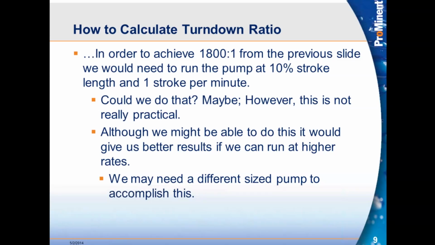Let's use the example of a process where we have 1,000 gallons per minute flowing in a pipe. Let's say our dosage needed, our ratio of that dosage, so we have 1,000 gallons, we need 1 ounce of chemical per 1,000 gallons to treat it, to disinfect it. We could have a pump that delivers that 1 ounce of chemical into the 1,000 gallons in one stroke of the pump.